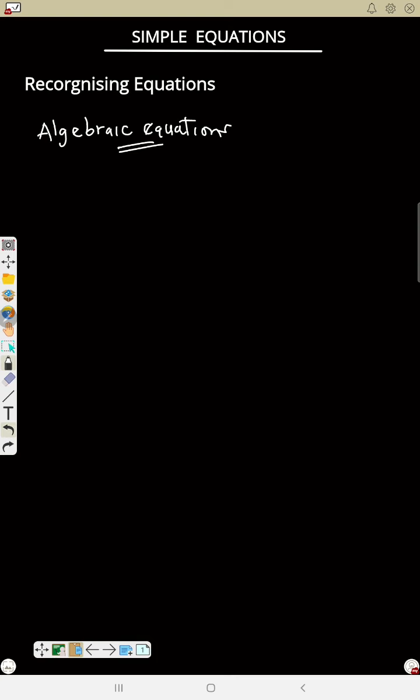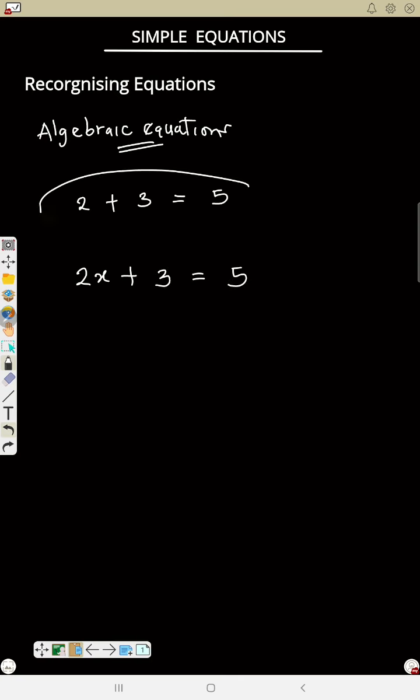In algebraic equation, we use letters to represent unknown numbers. So if I say 2 plus 3 is equals to 5. Now this is arithmetic equation. Now look at this. If I now have 2x plus 3 is equals to 5.